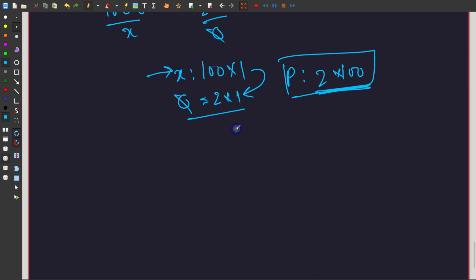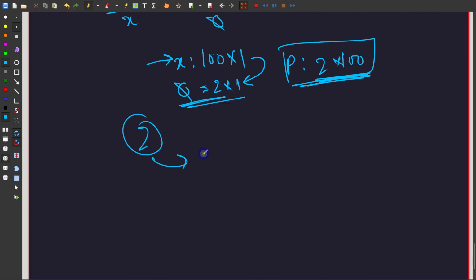Now if you think about it, since the dimensions that we need in Q are only 2, what this means is that the rank is 2 and the nullity is 98.